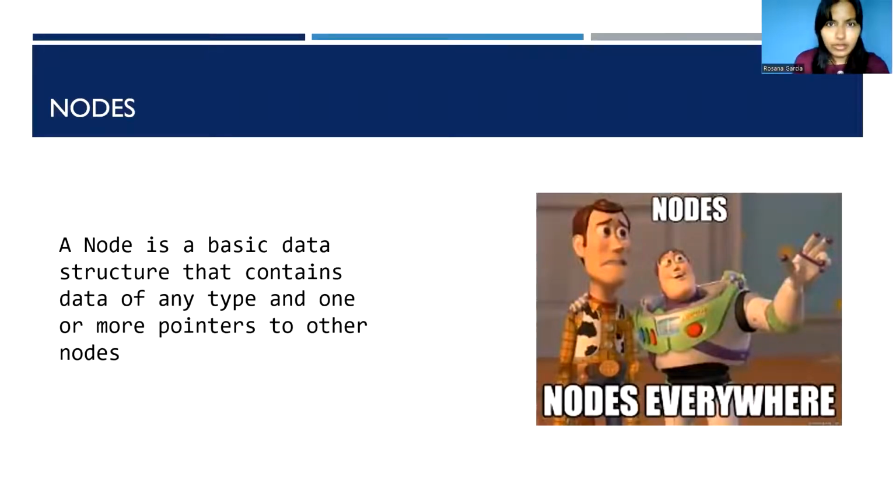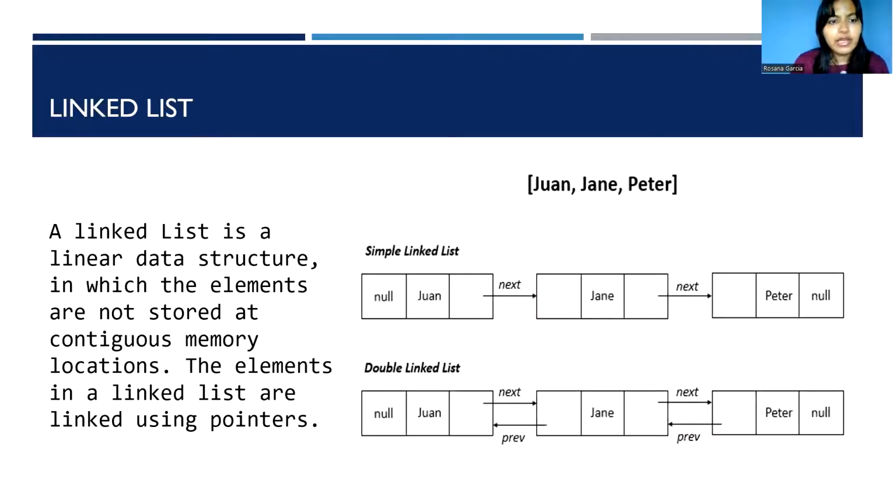Nodes are also a data structure, a simple data structure that consists of data, a value, and a pointer to another node. We use nodes and pointers to create what is called a linked list. A linked list is a linear data structure in which the elements are not stored contiguously like arrays.